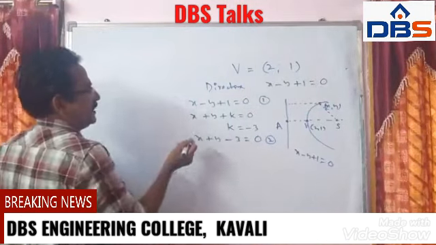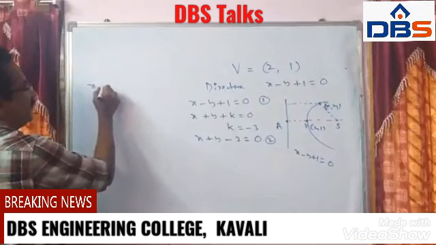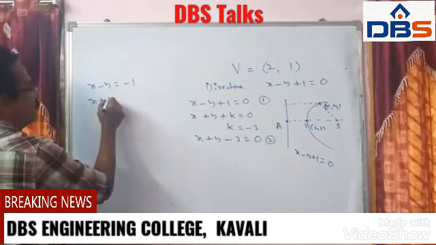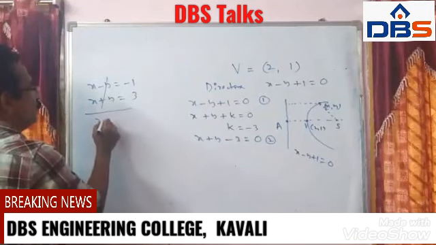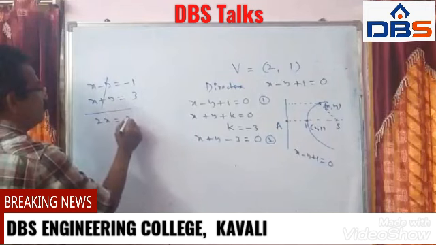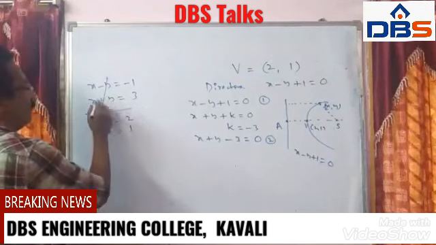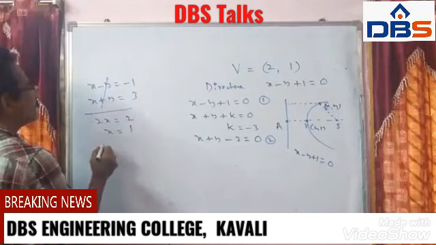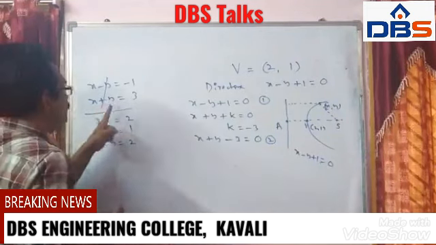Okay friends, let us find the point of intersection of these two lines. First equation, x minus y is equal to minus 1. Second line, x plus y is equal to 3. By solving these two, 2x is equal to 2, x is equal to 1, y is equal to 2.